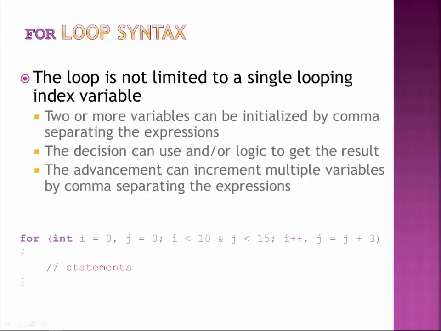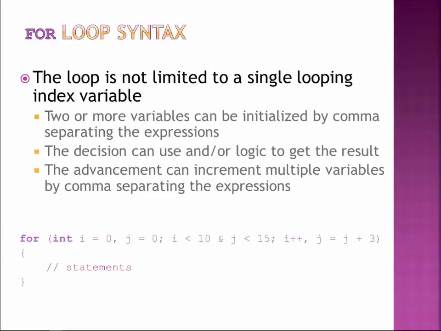So the full for loop syntax actually allows for multiple variables inside of there. If for some reason I have an i and a j, and they can both be incremented on the same cycle, the same scale. Again, it's very rare to run into this, but for i and j both start at 0. It'll continue to loop while i is less than 10 and j is less than 15.